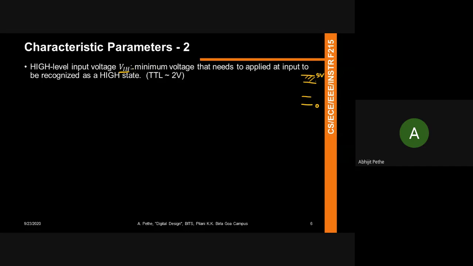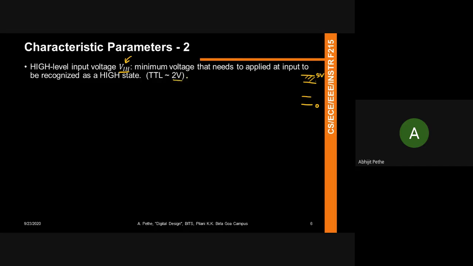But we talk about what is the minimum voltage that can be present at that node for it to still be counted as a high, and that is known as VIH. So VIH is the minimum voltage that should be available at a node for it to be called a high state, and in TTL logic, this number works out to around 2 volts.